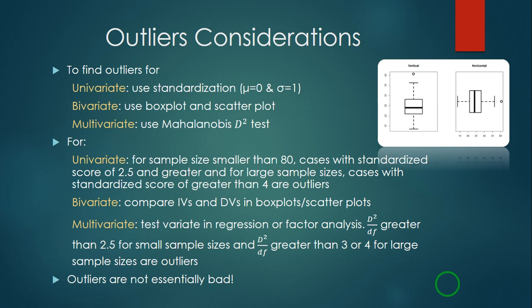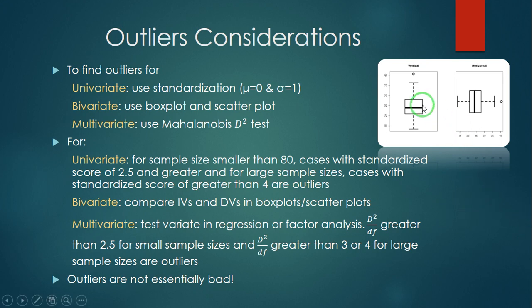So for univariate data analysis techniques, we use standardization, which means the average of 0 and the standard deviation of 1. For bivariate data analysis techniques, we use box plots for one numerical variable and one categorical variable, and scatter plots for two numerical variables.